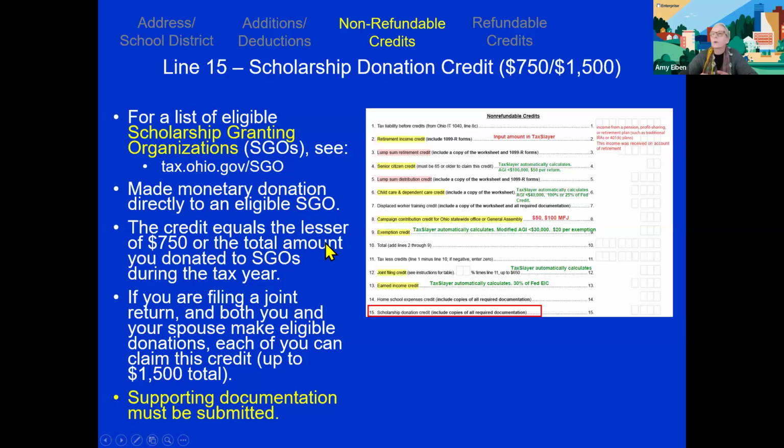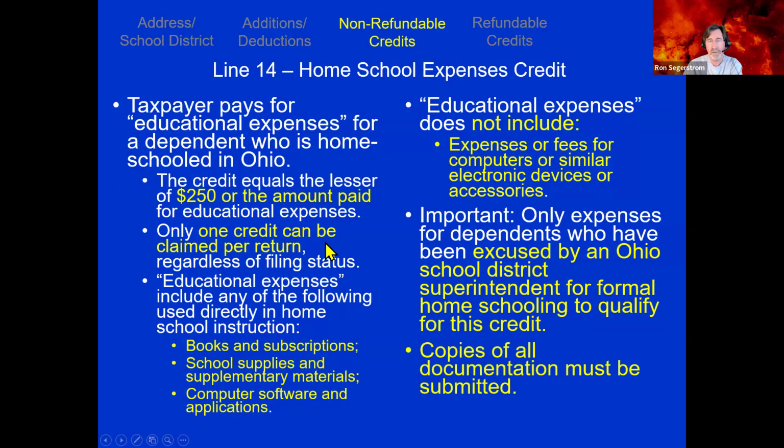So line 50. Ron, I have a question about that. Uh-huh. When it says only expenses for dependents who have been excused, what exactly does that mean? They apply, and apparently they get a letter from the school district, essentially from the district superintendent, allowing them to homeschool their kids, and therefore they can qualify for this credit.